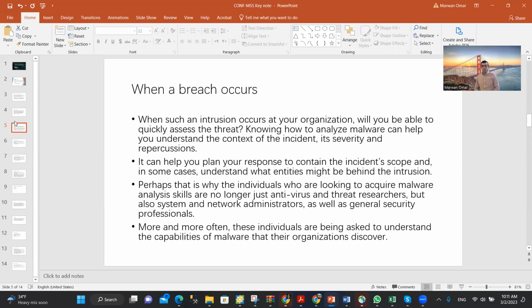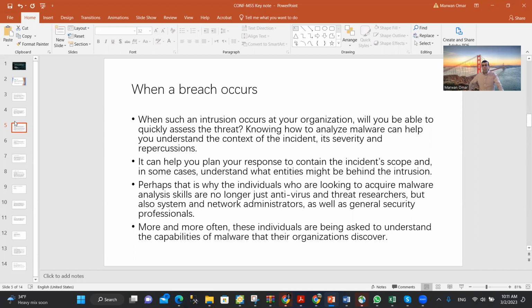Perhaps that is why the individuals who are looking to acquire malware analysis skills are no longer just antivirus and threat researchers. When you become a malware analyst, you're not just an antivirus researcher or a threat hunter, but also system and network administrators as well as general security professionals.